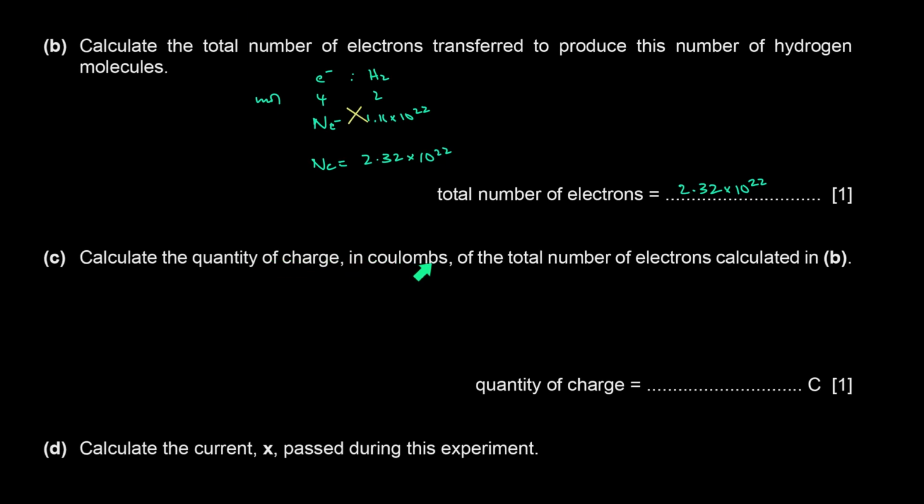Calculate the quantity of charge in coulombs of the total number of electrons calculated in part B. Now, if you guys remember, what is the charge on 1 electron? The charge on 1 electron is 1.6 times 10 to the power of negative 19 coulombs. So if I have 2.32 times 10 to the power of 22 electrons, what is the charge?